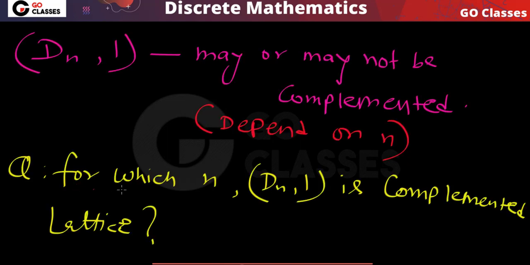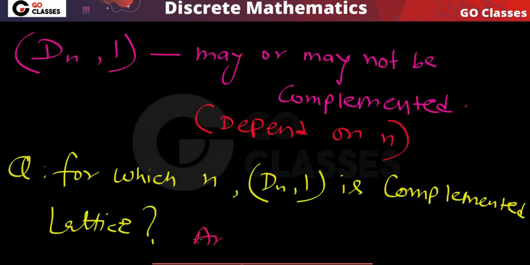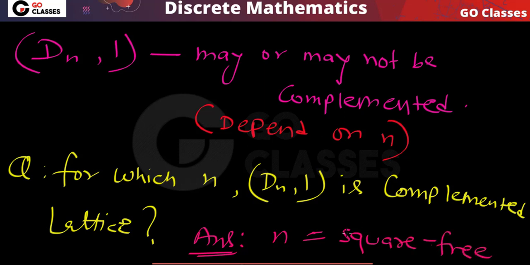Let me tell you the answer. The answer is n should be square free. N should be square free.